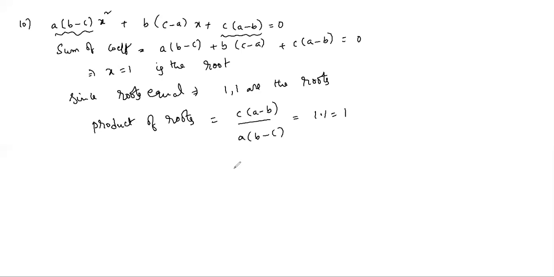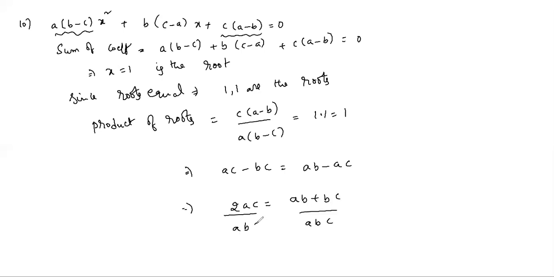So ac minus bc equals ab minus ac, taking cross multiplication. ac plus ac equals 2ac equals ab plus bc. Dividing both sides by abc, 2 by b equals 1 by a plus 1 by c.